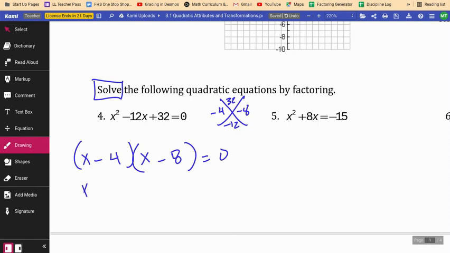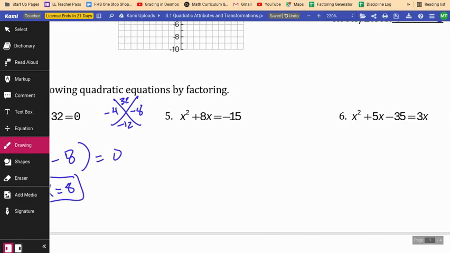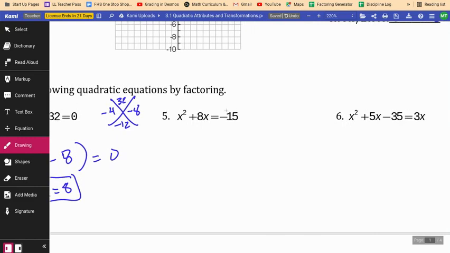And so I know that x equals a positive 4 here and x equals a positive 8 there. So those are my two solutions, also known as x-intercepts, roots, and zeros.